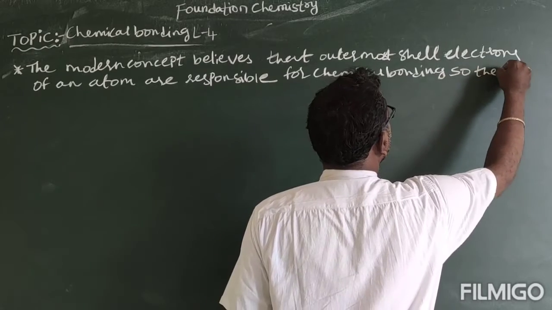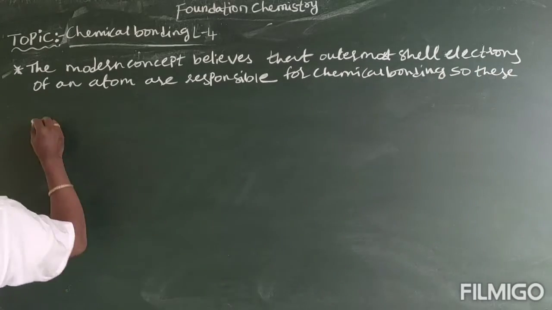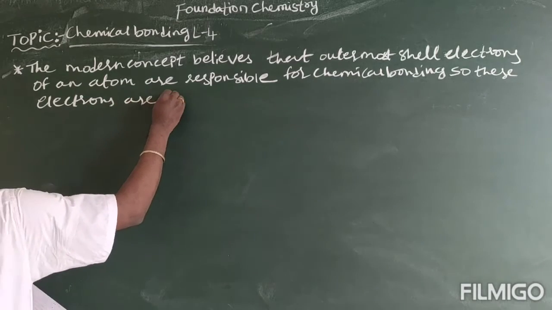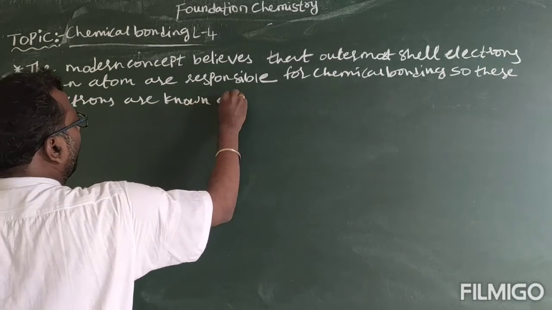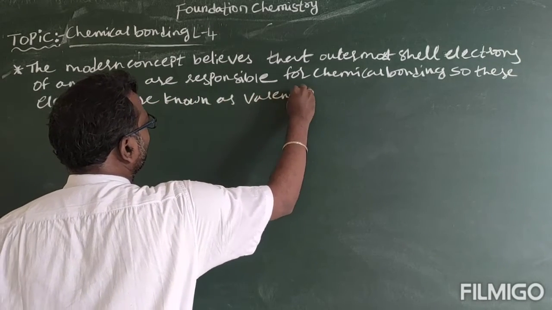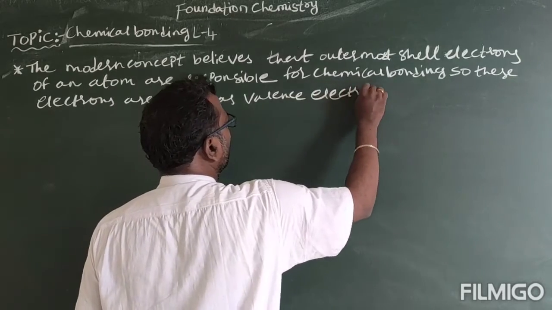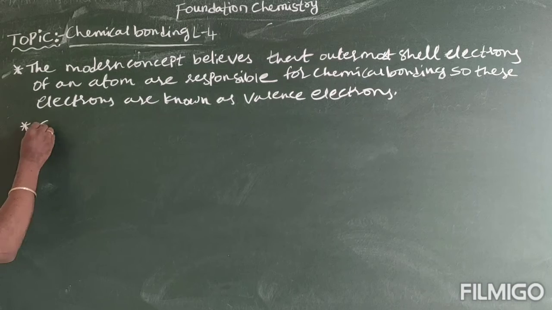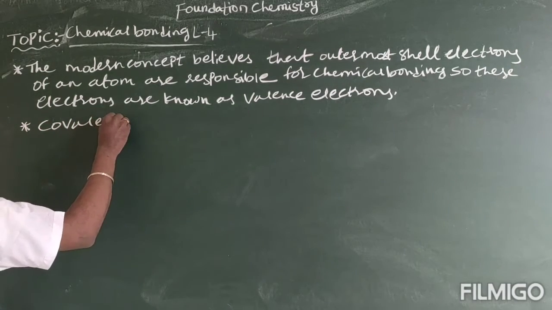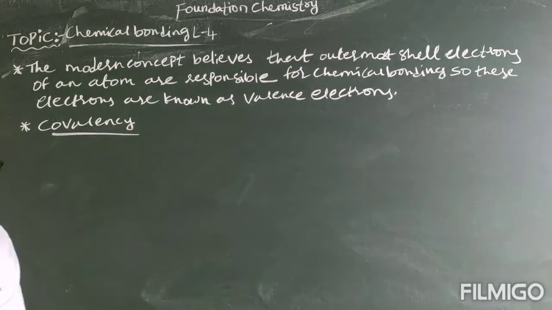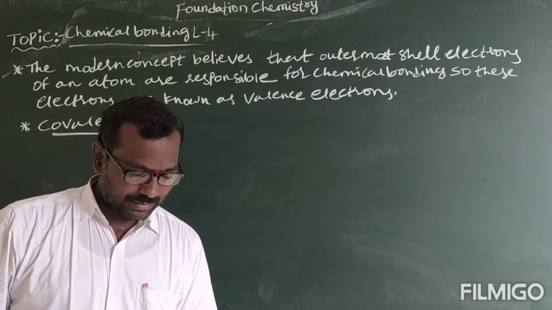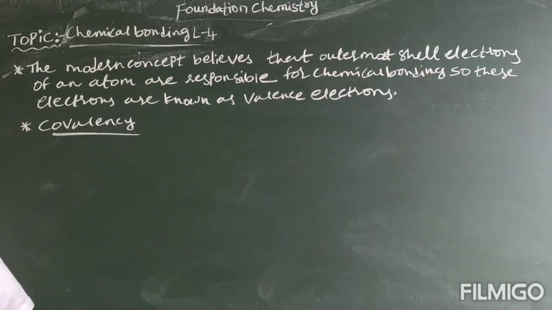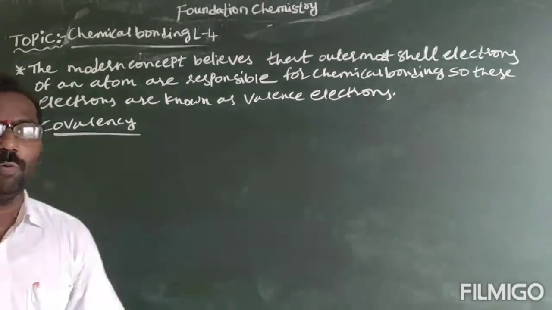So these electrons are known as valency electrons. Okay, then what is covalency? Then what is the concept of covalency? That is in our mind. So let me give a clear picture about first what is valency and what is covalency.